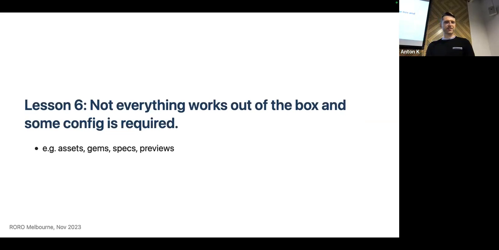So on the negative side, not everything is going to work out of the box, and you will need to configure some of the things. Not much, but sometimes, because it's not really a convention. What I'm showing you works very easily, but some gems don't know that's the convention, or there's no convention. So some gems you just need to configure the paths, like, hey, look for models in this apps folder.